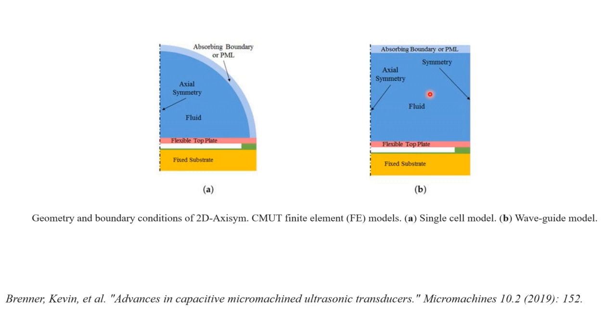For frequencies below a certain cutoff, you have the plane wave, but for frequencies higher than the cutoff, you still have some spherical propagation in this model. This is the waveguide model, which is very suitable for simulating a large number of CMUT arrays.